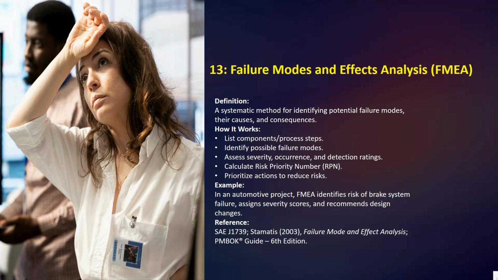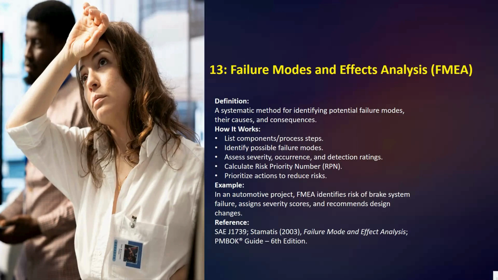So you list every step of a process, or every component of a product. For each one, you ask how could it fail. That will be the failure mode. And what would be the impact if it fails? That will be the effect. And how likely is it to happen?